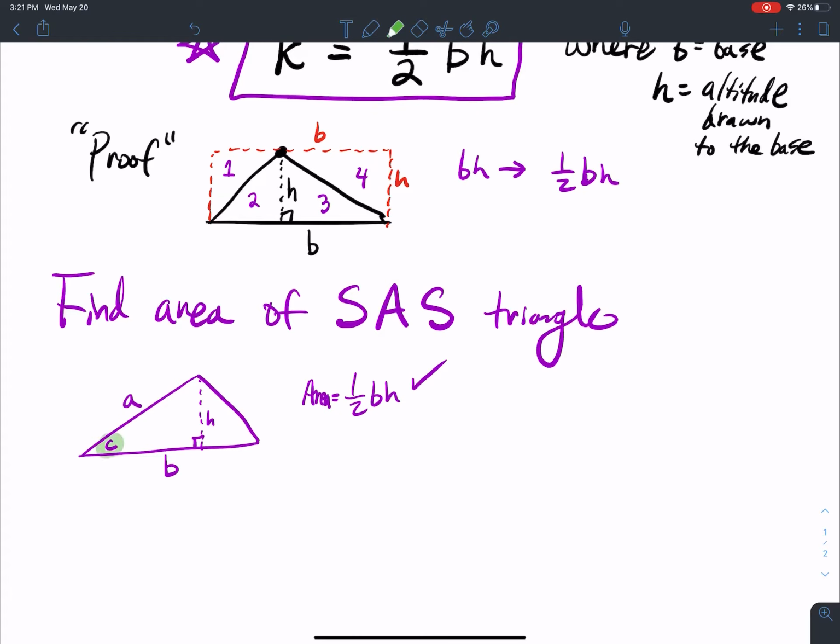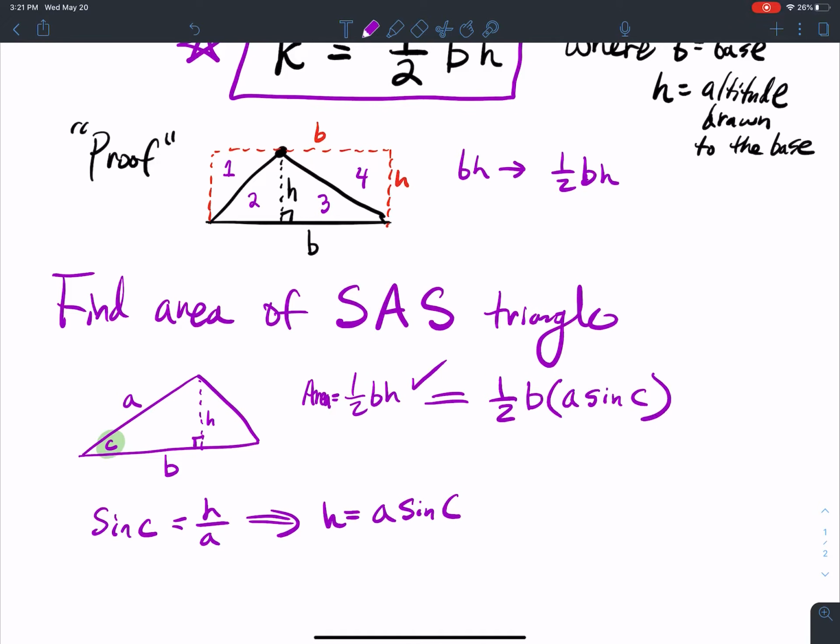Well, the sine of the angle, sine of C, is equal to opposite over hypotenuse, so H over A. That tells me that the height, the altitude, is A times the sine of angle C. Therefore, this formula becomes 1/2 the base times A times the sine of angle C. So 1/2 AB sine of C. So that's a formula.